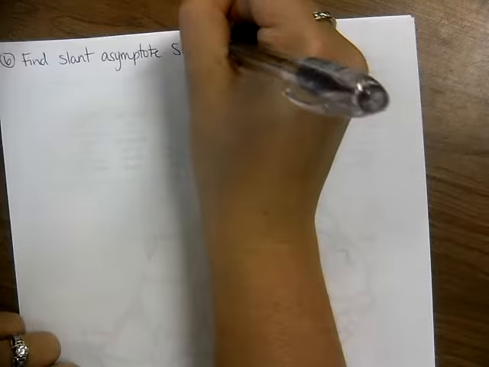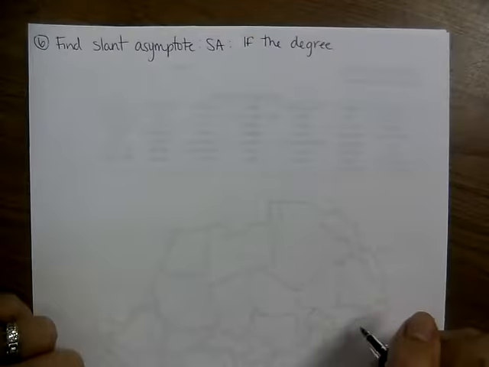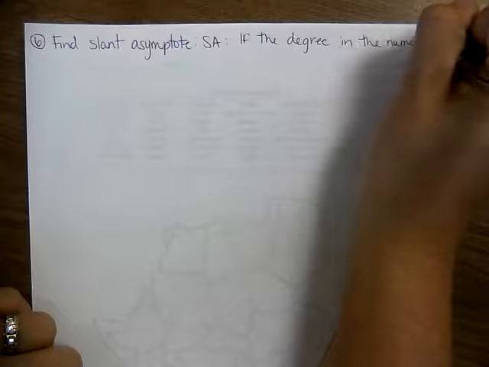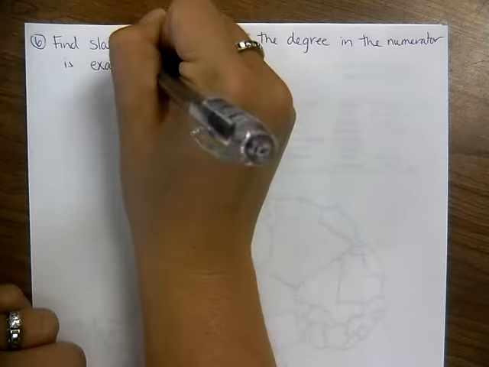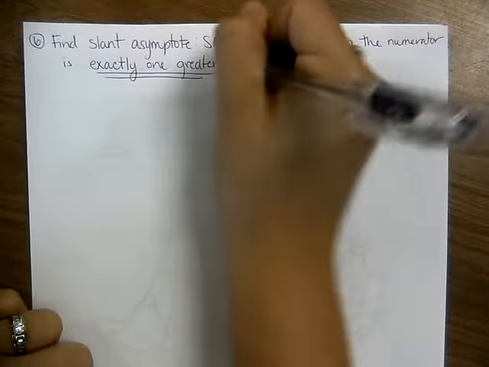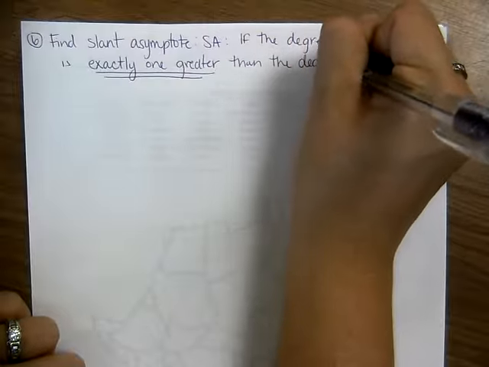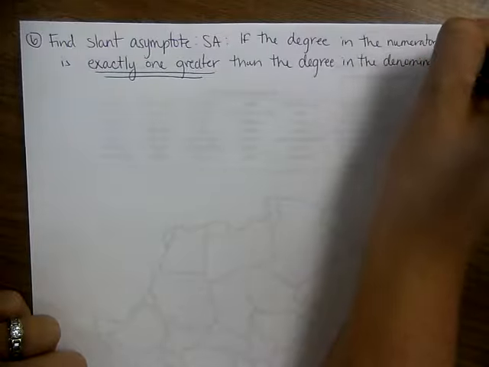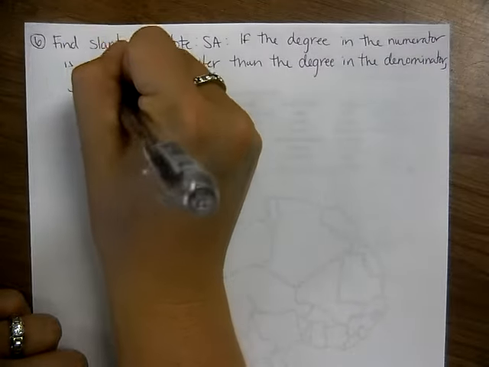Okay, so if the degree in the numerator is exactly 1 greater than the degree in the denominator, then there is a slant asymptote.